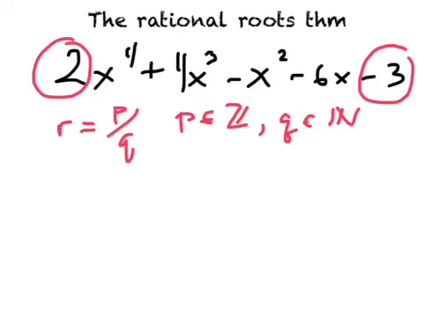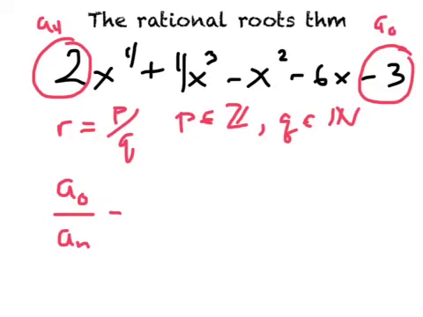So any rational root p over q has to be made of divisors of a0 over an. Here a sub 0 is the 0th coefficient, and a sub n, where n is equal to 4.